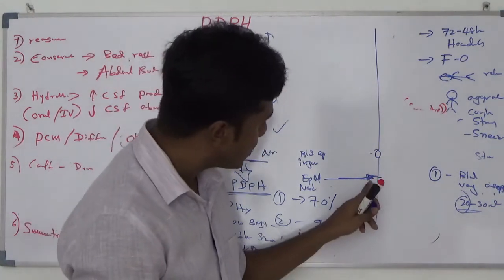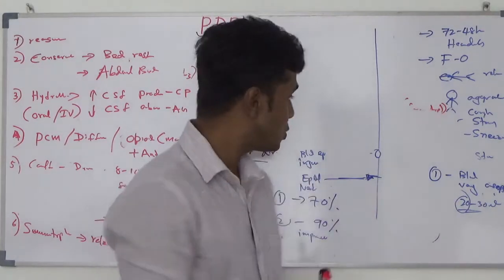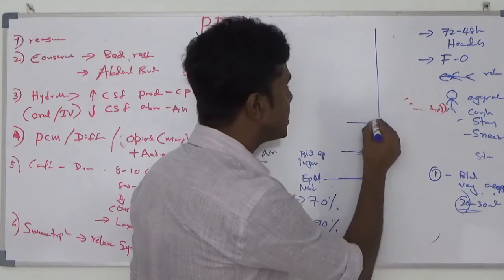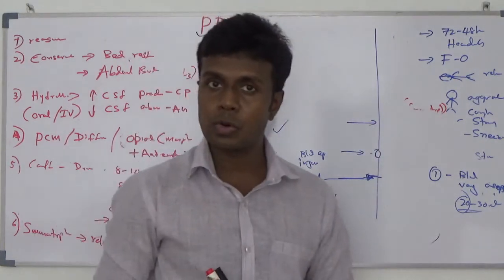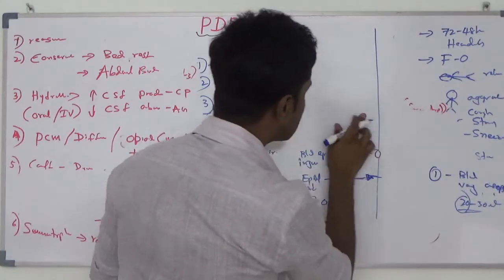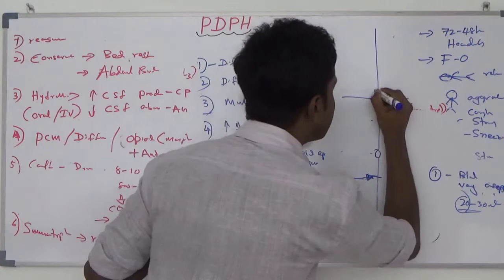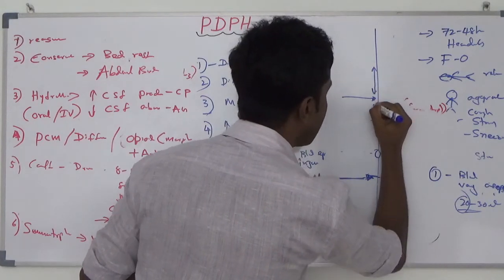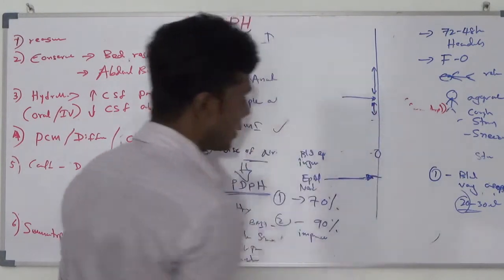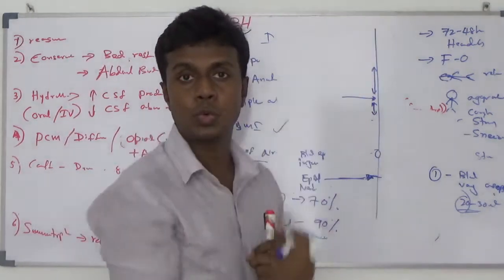Why do you choose one space below here? You can use the same space but not the higher space. Why? Usually when your dura space is open, if I inject something here, it will spread two spaces upward and one space downward. That is how the dura separates. One down and two up.